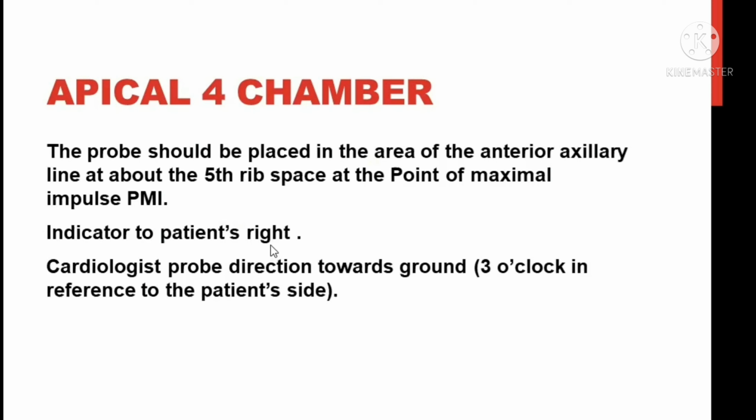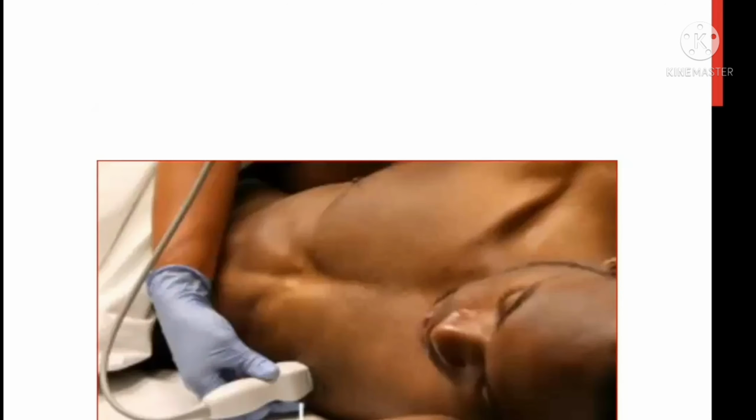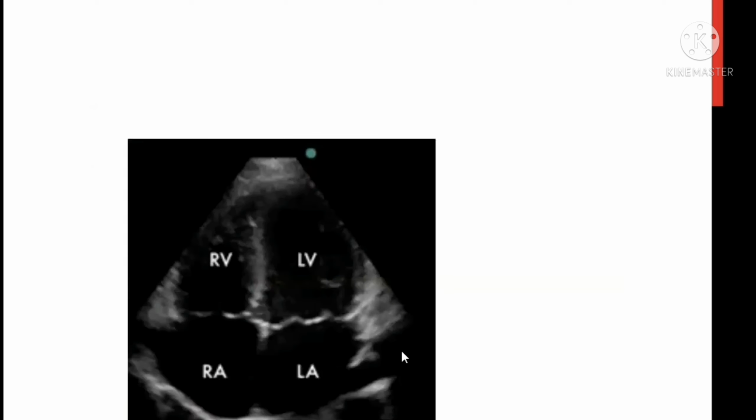So this indicator points to the patient's right while you are reading the emergency view, look for the right hip. What about the cardiologic view? Then it is towards 3 o'clock.